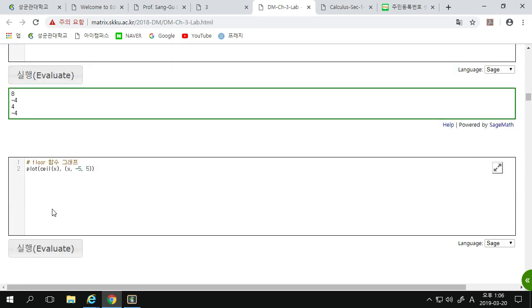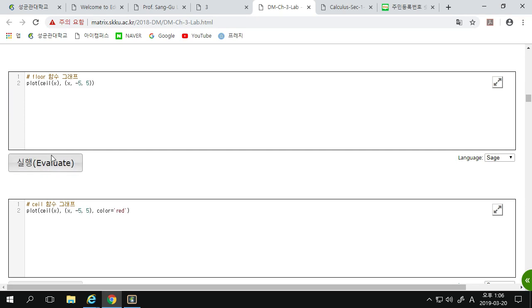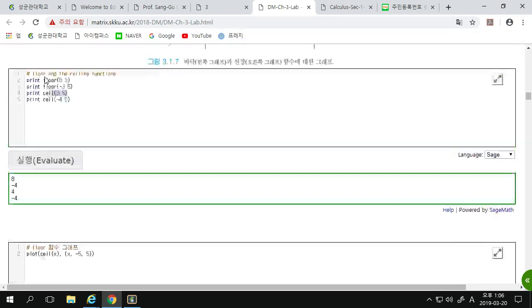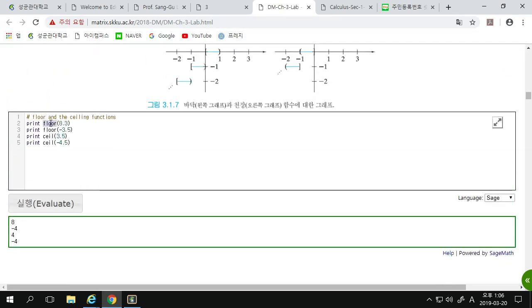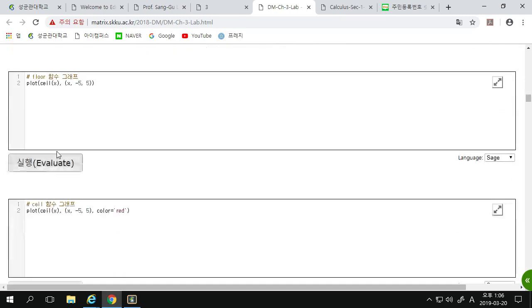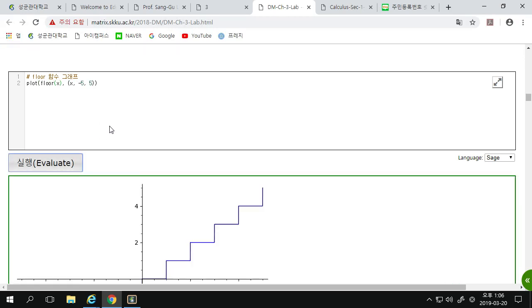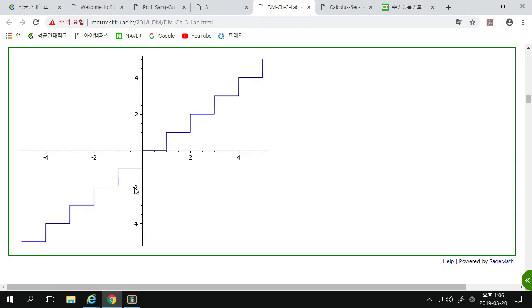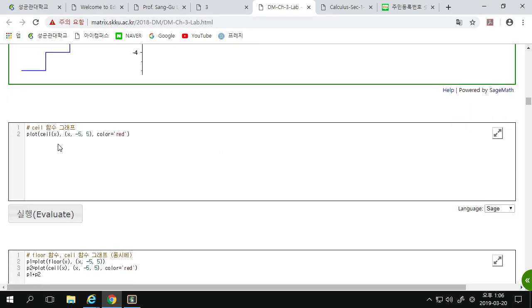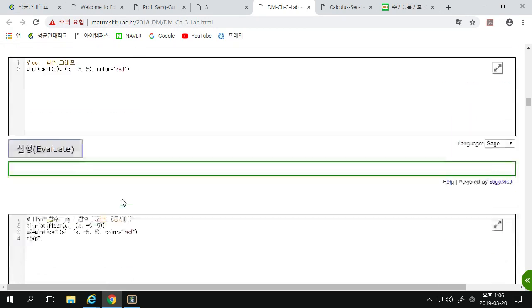If you draw the floor function here from minus 5 to 5, this is the floor function, like what you see. And this is the ceiling function from minus 5 to 5.